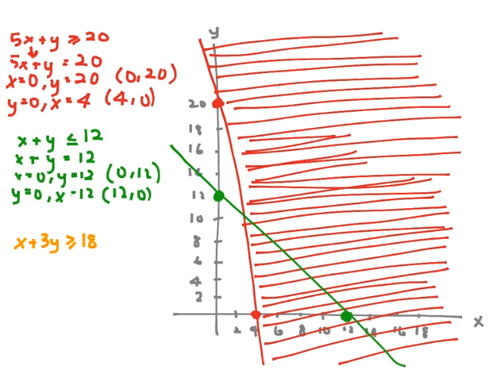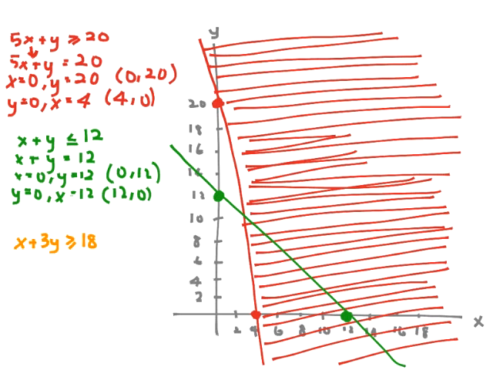So let's say you just take one point on any side. Let's say you want to take this point. This point here is 0, 10. Meaning that you substitute 0 into x and 10 into y. So you will have 0 plus 10, which is 10. And 10 is less than 12.